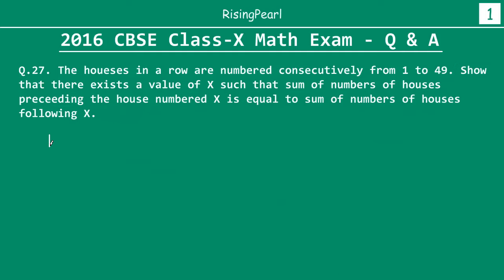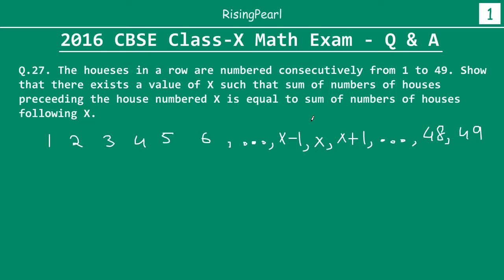Now let's take a look at the second set of numbers, right? We talked about 1, 2, 3, 4, 5, 6, and so on. We get to x minus 1, x, x plus 1, then we go like this, then we have 48 and 49. This is what we have, right? We just saw the sum of these numbers all the way till here, we were calling it S1.